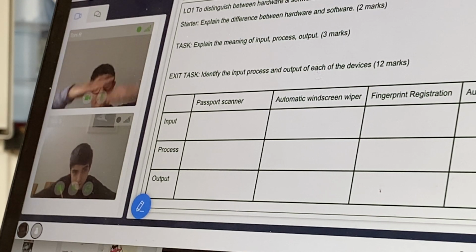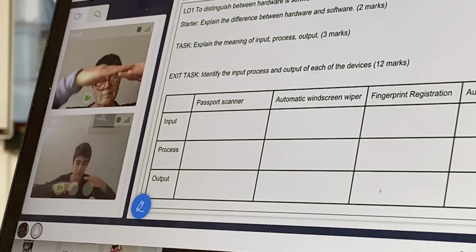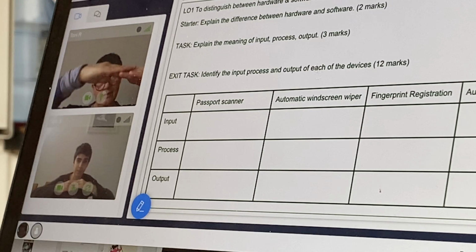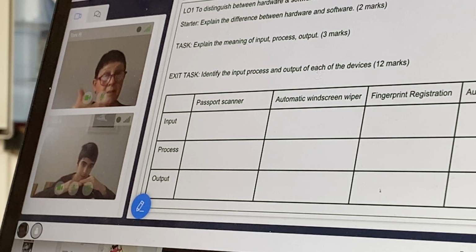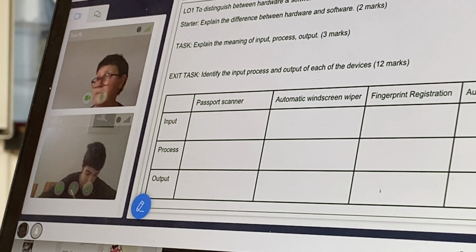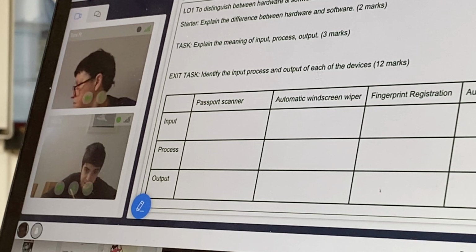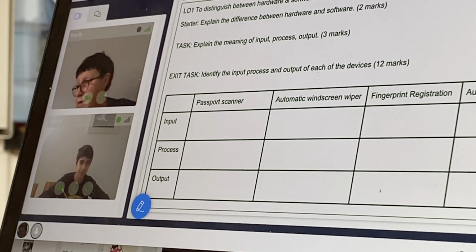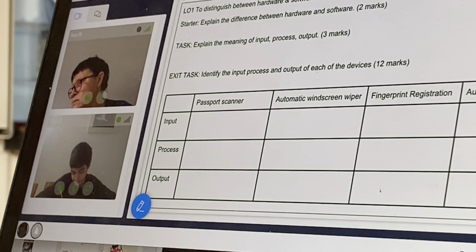And then process is checking if it's correct against its program. Good. Process checks if it's correct against this program. Yep, it's checking the data towards its program.